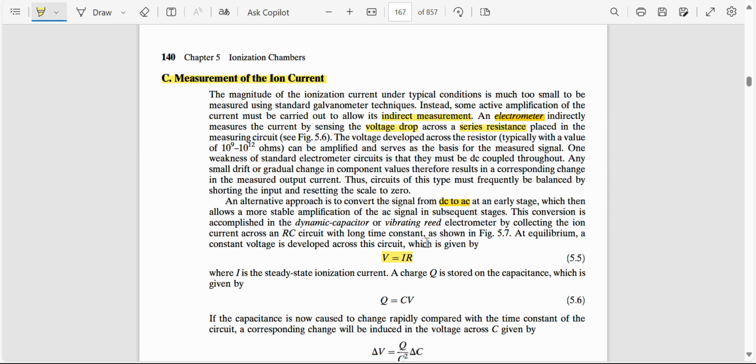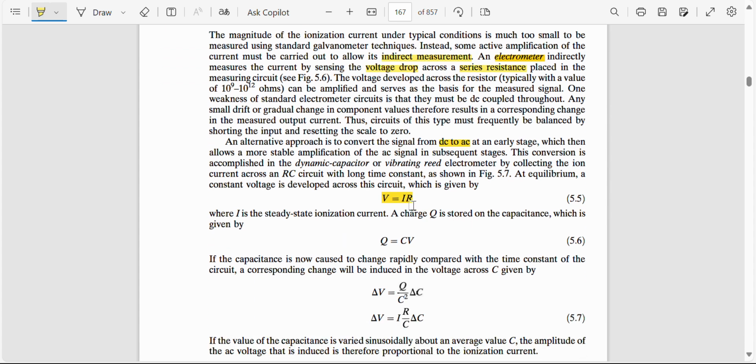So you have to find the current. You use Ohm's law, V equals IR, where I is the steady ionization current, R is the resistance offered, and V is the applied voltage.